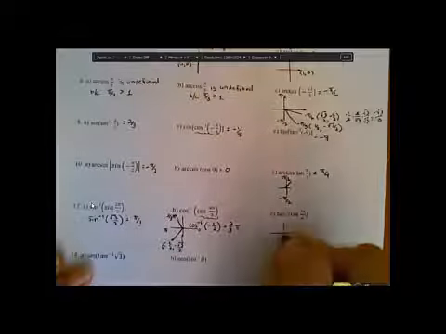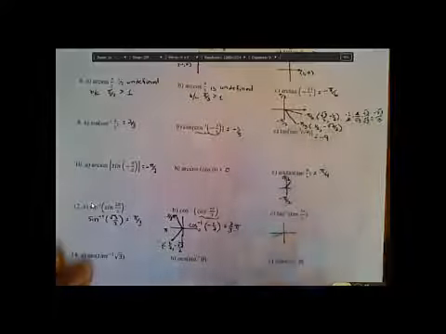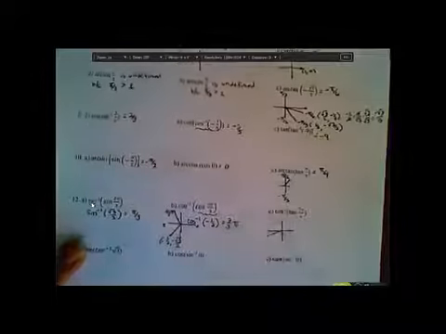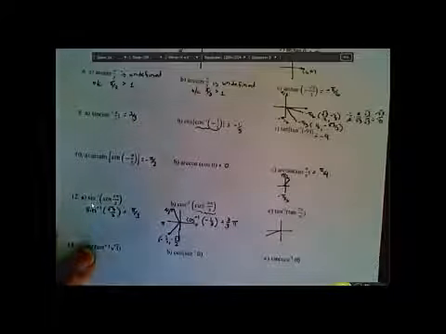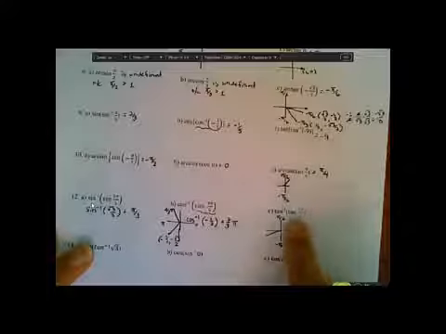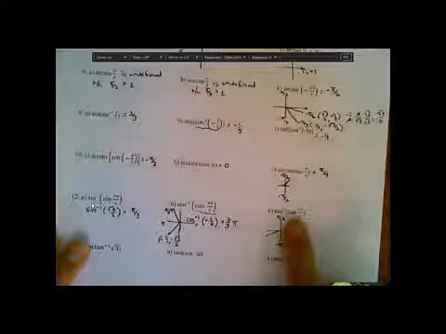Well, 7/6 pi, if pi is 6/6, then 7/6 is right here. Is that an angle that inverse tangent can give me? No, it's not between negative pi over 2 and positive pi over 2. So it can't be the answer to this problem.